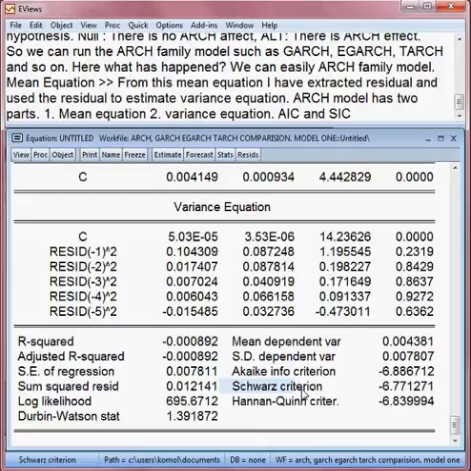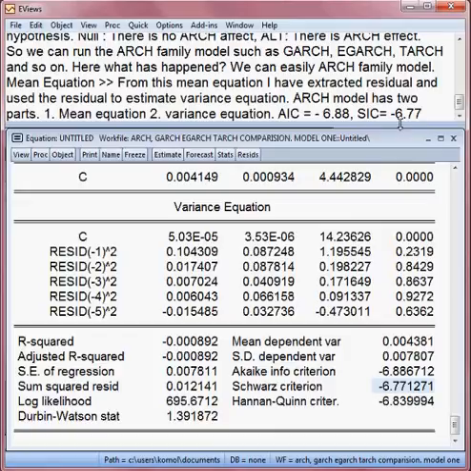For this model, what is the value of AIC? The value for this model is minus 6.88. And the value of SIC becomes minus 6.77, right?